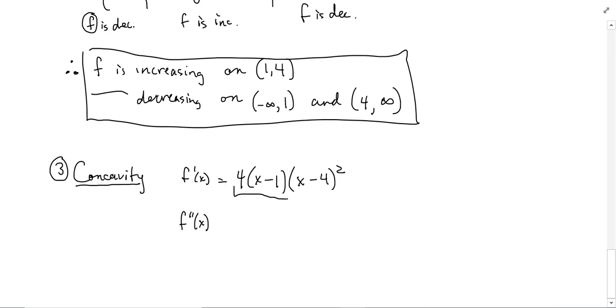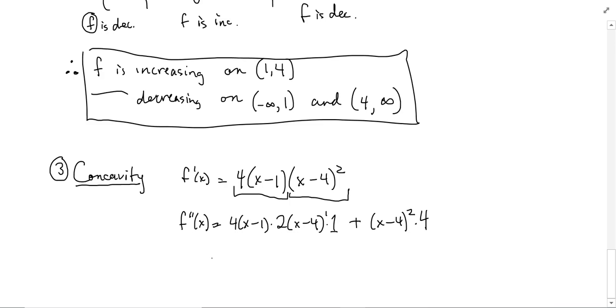I'll take 4 times x minus 1 as the first function and x minus 4 squared as the second function. So first function is 4 times x minus 1 times the derivative of the second, which is 2 times blah to the first times the derivative of blah, which is 1, plus the second function x minus 4 squared times the derivative of the first function, which is just 4.